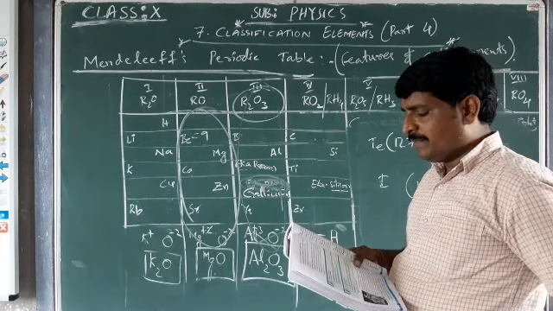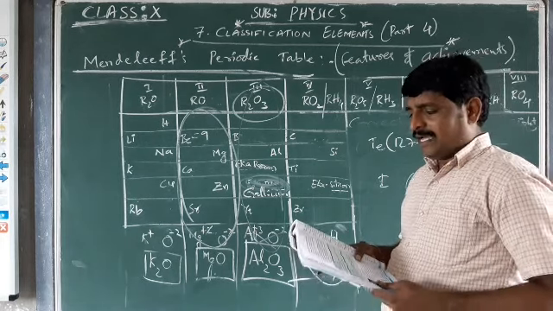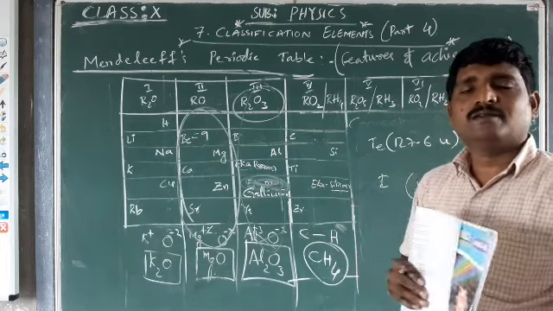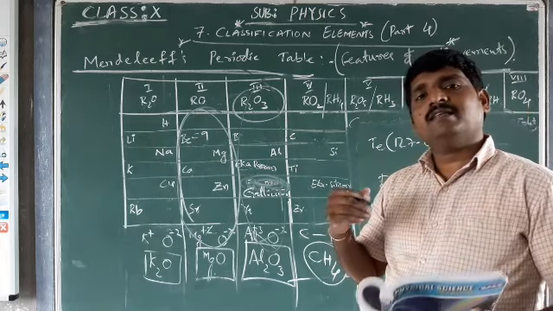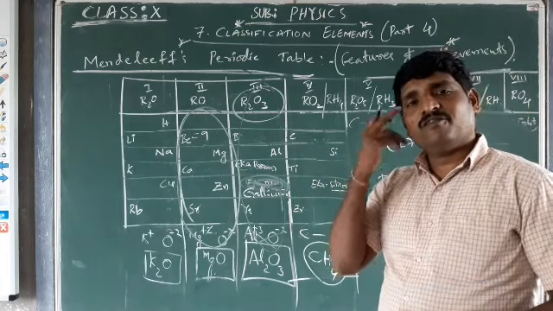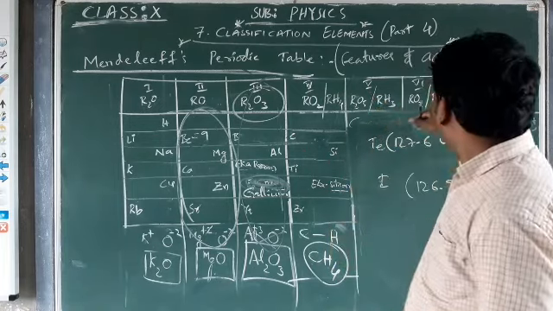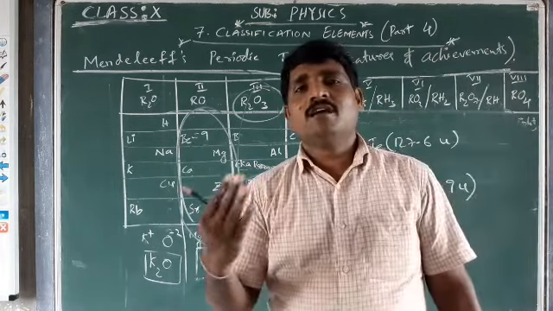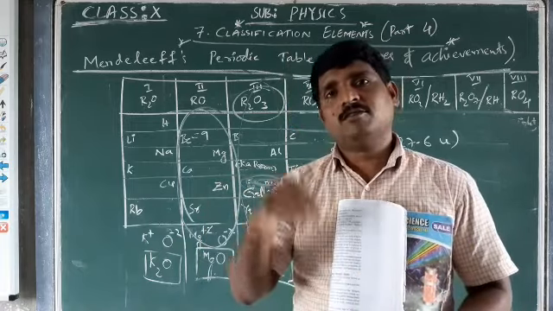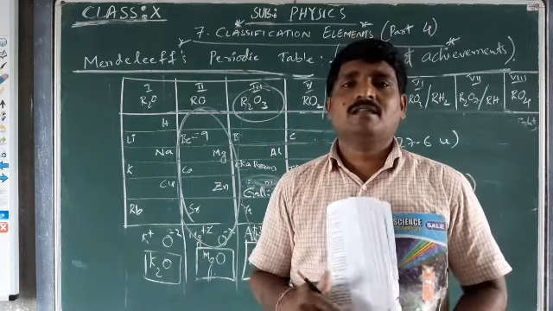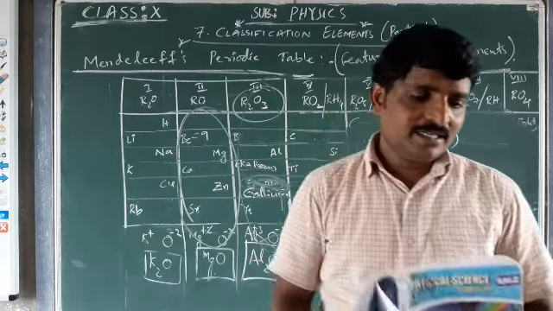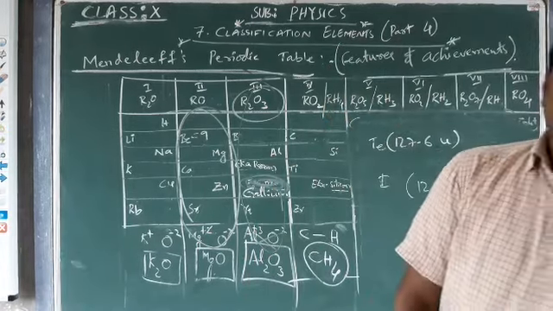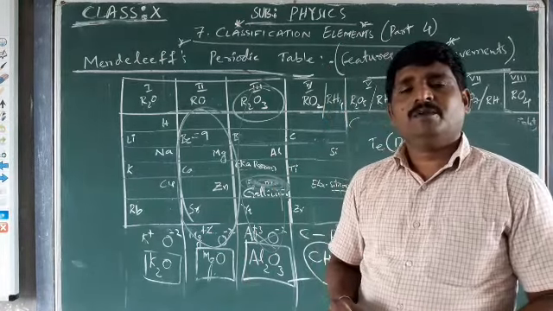But chlorine is a non-metal, whereas manganese is a metal. Even though they have different physical properties, they have been placed in the 7th group. That is, some elements with dissimilar properties were placed in the same group. These are the demerits or limitations of Mendeleev's periodic table.